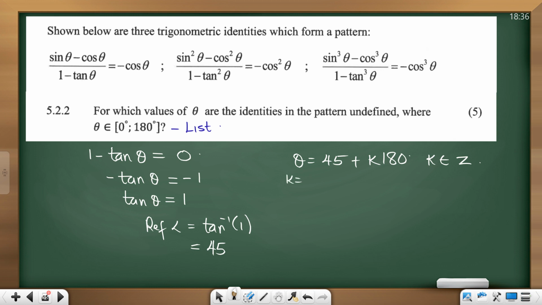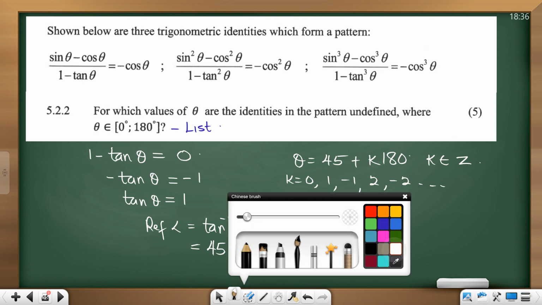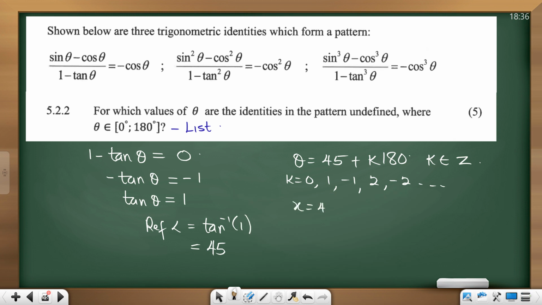You sub k as 0, 1, negative 1, 2, until you get out of your restriction. So the first one, when k is 0, what's your answer? 45. When k is 1, 225. But 225 has gone beyond 180. Make sense? What other value do we have? If you say negative 1, it is going to be negative 135. It has gone beyond. We're done.